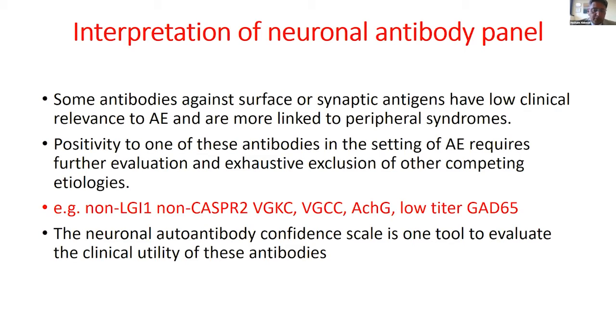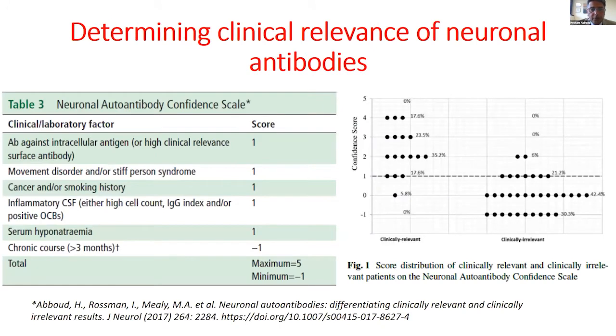One tool that can help in determining the clinical relevance of the antibody is the Neuronal Autoantibody Confidence Scale. This is a scale that we worked on a few years back with Dr. Probasco and Dr. Michael Levy from Johns Hopkins. We looked at patients who were diagnosed with autoimmune encephalitis or related paraneoplastic syndrome, and patients in whom this was suspected, but eventually another cause was found.